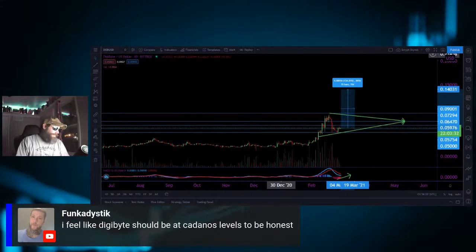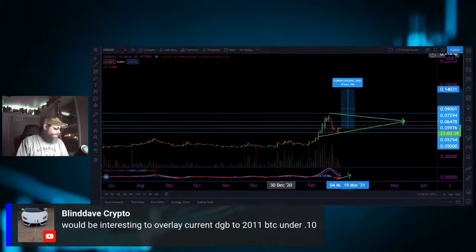Funkadistic: I feel like DigiByte should be at Cardano's levels. To be honest, I think DigiByte should be on XRP levels. Someone says it would be interesting to overlay current DGB to 2011 BTC under 0.10. Yeah, that'd be crazy. I'm going to try to learn how to do overlays.